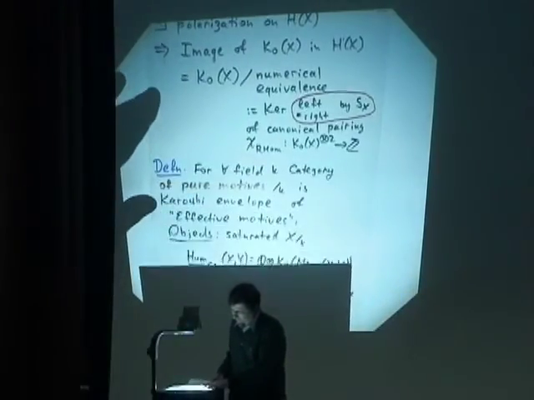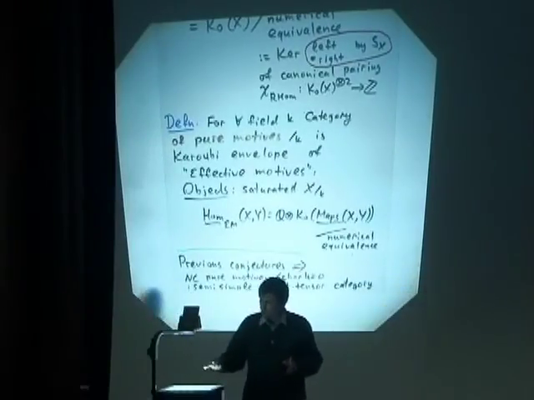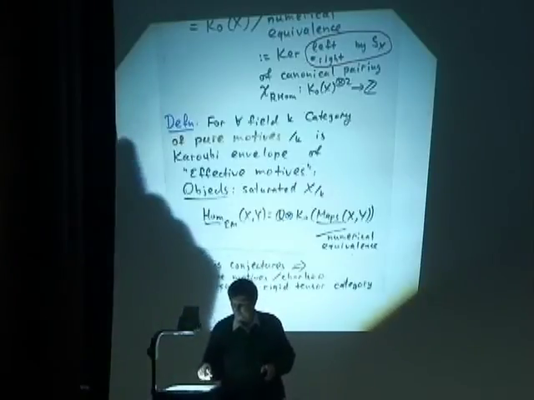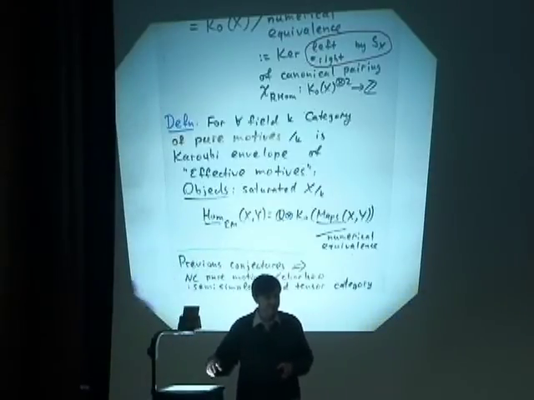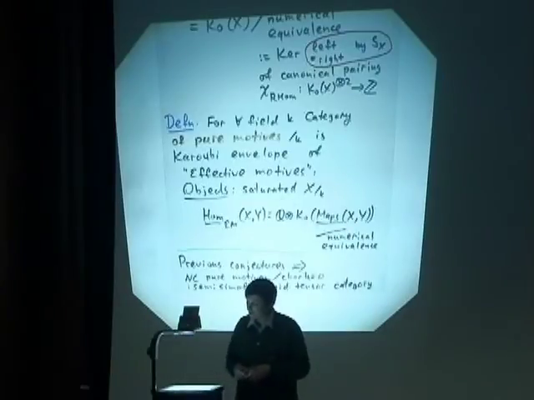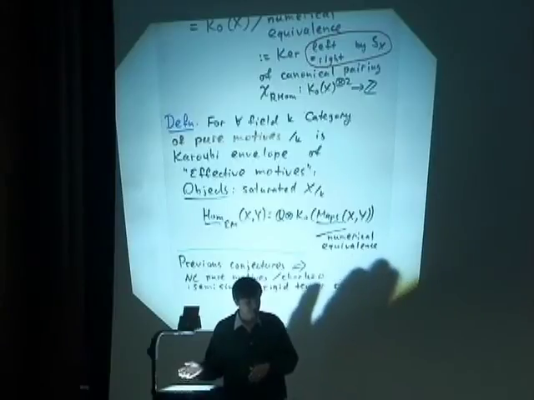And then one immediately gets the definition of what pure motives are for any field. Now we optimistically jump from zero characteristic to all characteristic. So it's the Karoubi envelope of some effective motives. It's like the Grothendieck definition. So objects are the spaces, and Homs are the K0 of the space of maps, modulo numerical equivalence.